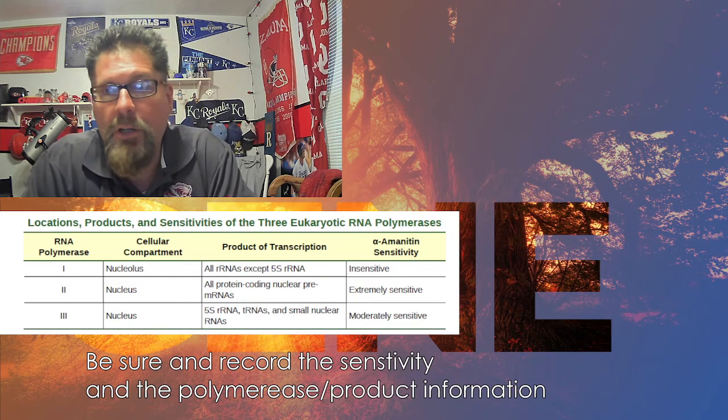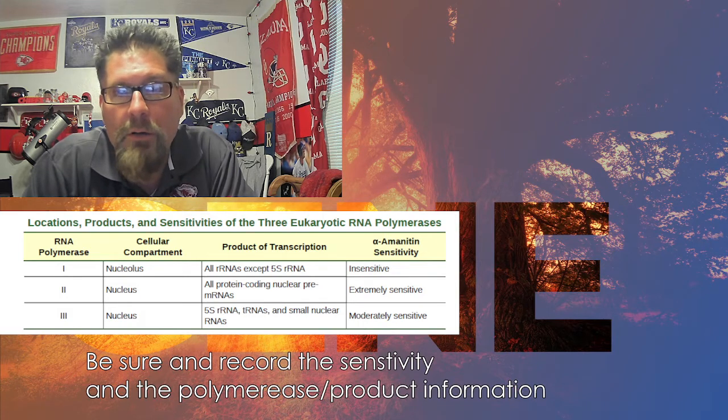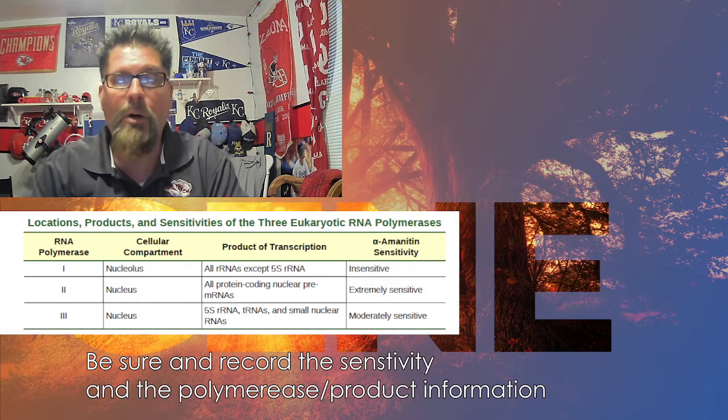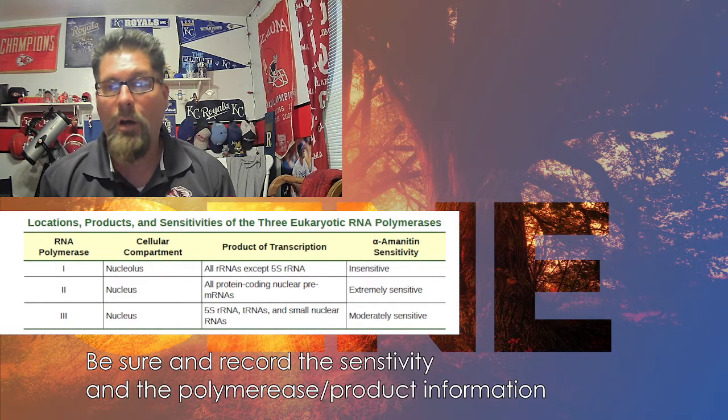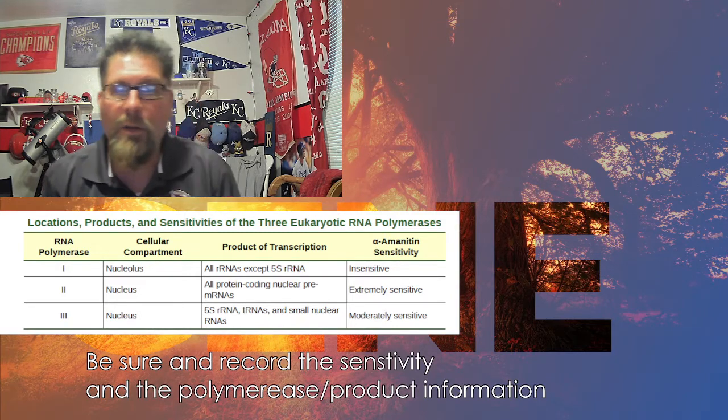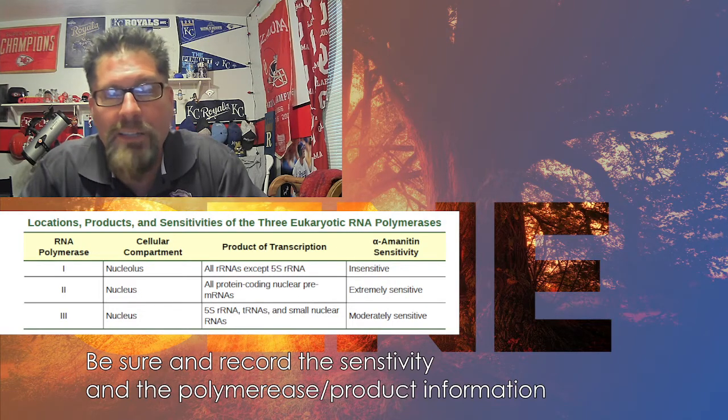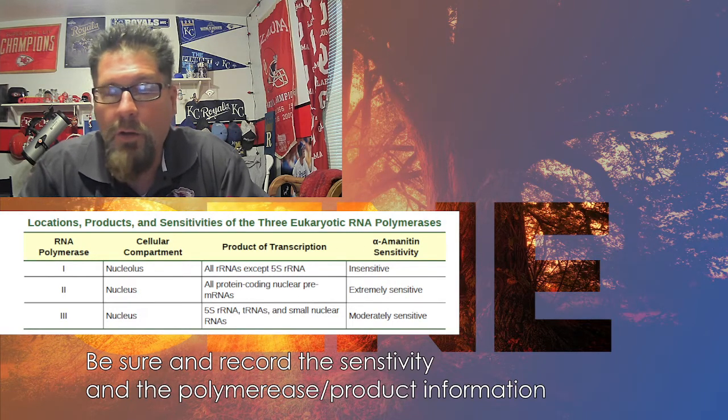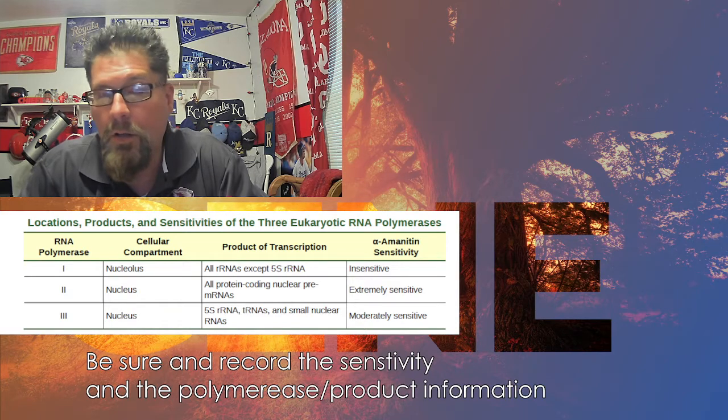In this particular case, amanitin is a product of a fungus, and if the polymerase is sensitive, in other words, it affects how well it works, then you can have a breakdown in the protein production.